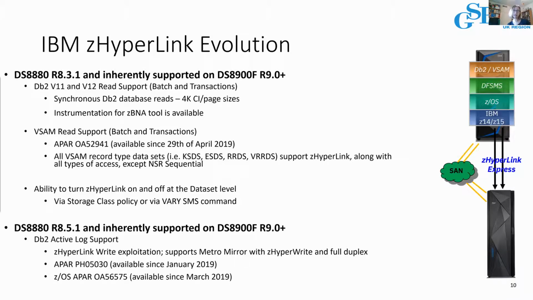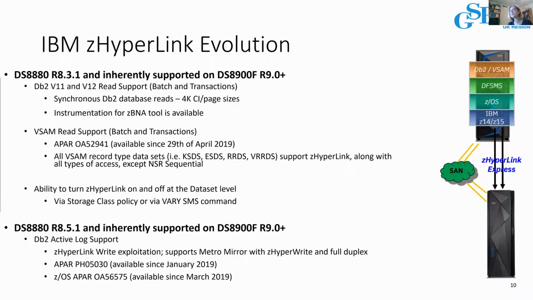Initially on the 8880 series, with our release 8.3.1, and then moved through all of the releases, and now of course on the 8950 or 8910, we initially started out with read support, and just being able to do the zHyperlink interface, all of those interactions, that protocol. And that was initially supported with DB2 version 12.